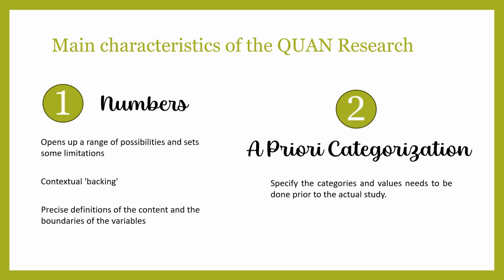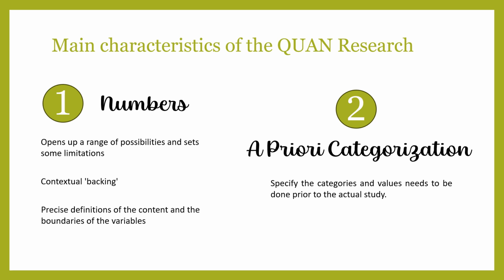The instruments for qualitative research are, for example, observing. And in quantitative research, there are different types of instruments in which numbers are extremely necessary.